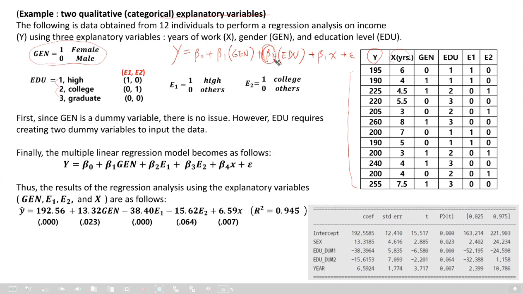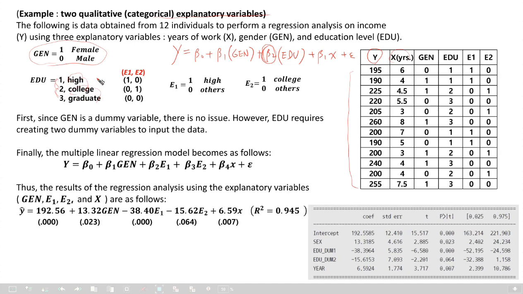It is meaningless. We want to know the income difference between high school graduate and college graduate, college and graduate school, and high school and college. We want to know that kind of thing.